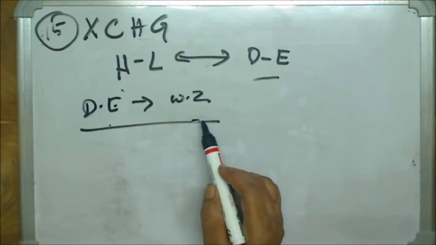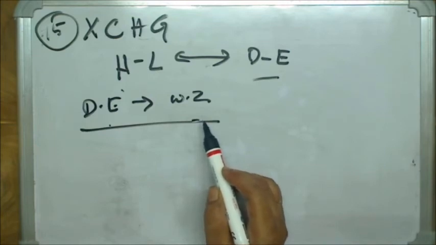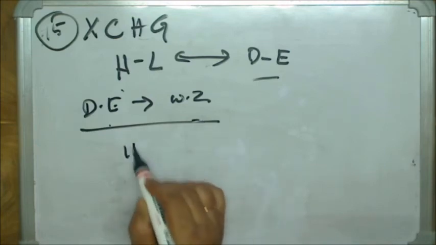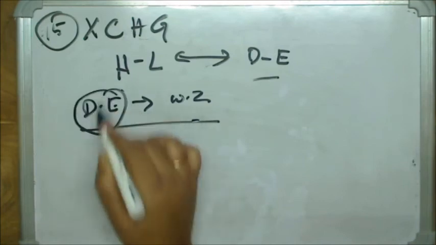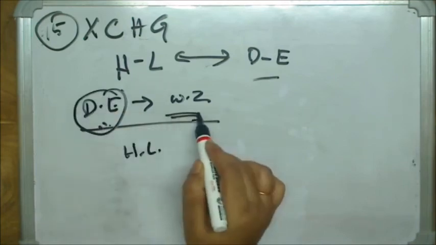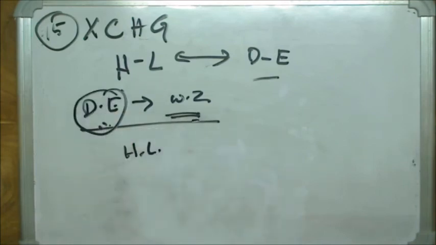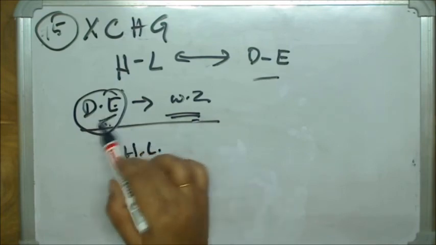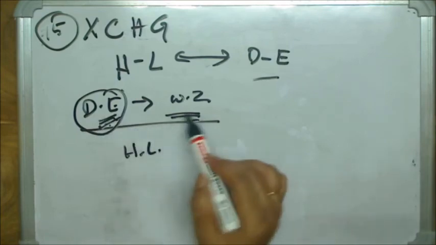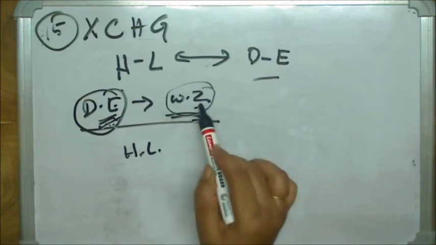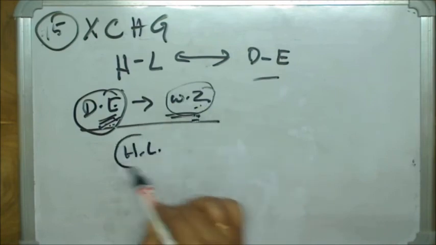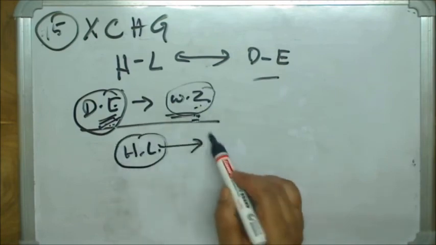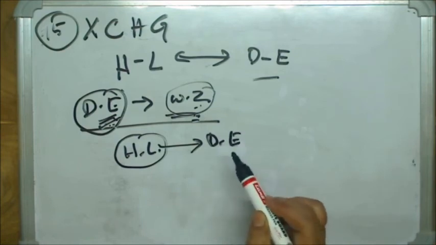Then we will transfer the HL pair data into DE pair. So we have stored the content of DE pair into the WZ register pair, and now we can use the DE pair. Then the HL pair data will get loaded in DE pair. Understood?